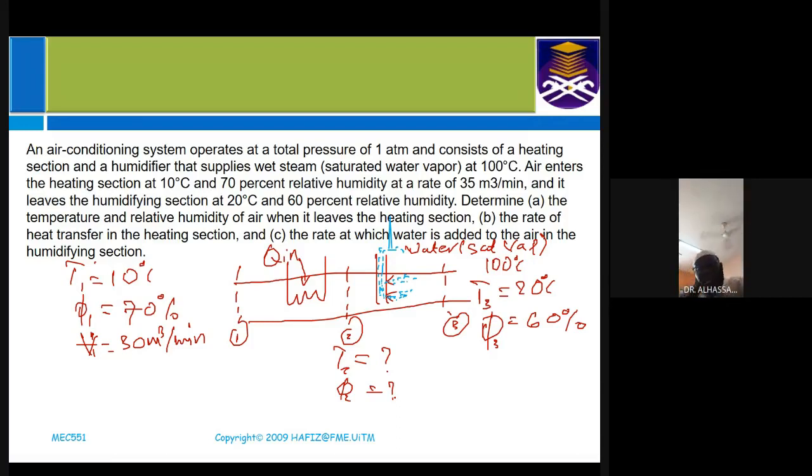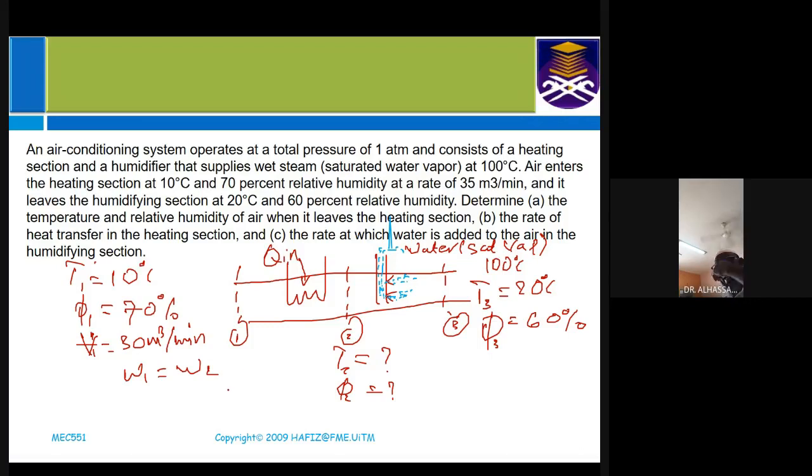The first thing that needs to come to your mind is that if you want to find T2 and relative humidity at state 2, since this is a simple heating, omega 1 is the same as omega 2.